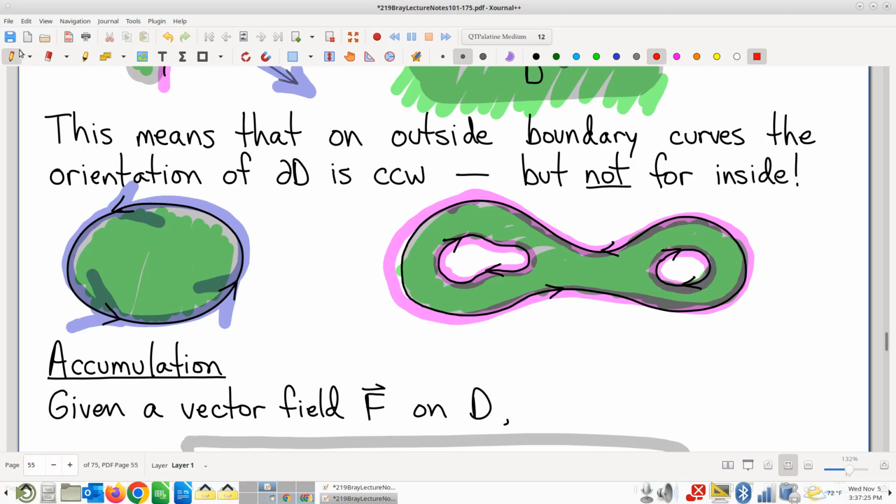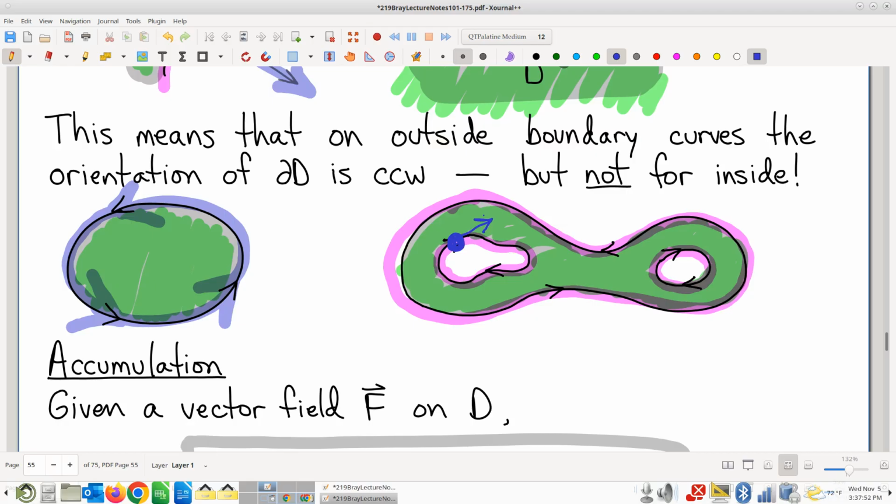And, well, the thing is, at a point like that, in order to walk such that the field is on my left, I have to go that way. I have to go this way as indicated here. The field is on my left, and notice I'm not going counterclockwise. I'm going clockwise. Everybody see my example there?